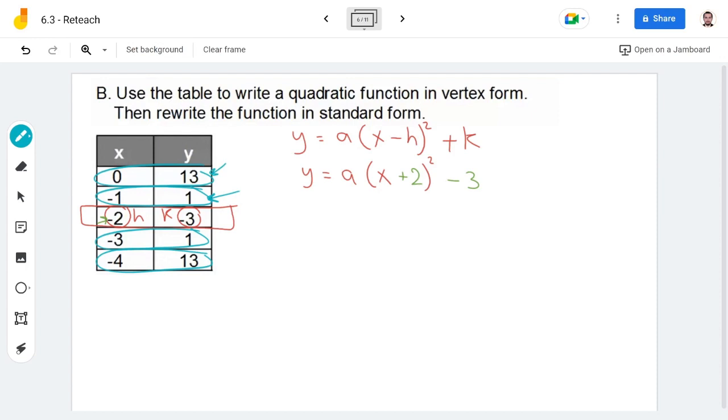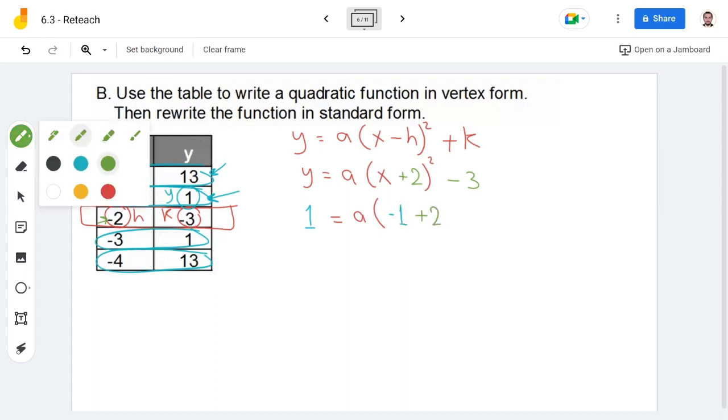Now let's write the equation with the x and y. Negative 1 is x, 1 is y. So 1 is y, equals a, open bracket, x is equal to what? x is negative 1, and the vertex is plus 2, to the power of 2, minus 3.